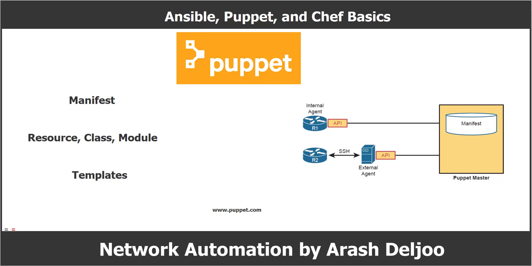Puppet manifests instead declare the end state that a device should have. This branch router should have the configuration in this file by the end of the process. The manifest built by the engineer defines the end state, and Puppet has the job to cause the device to have that configuration without being told the specific set of steps to take. Puppet typically uses an agent-based architecture for network device support.